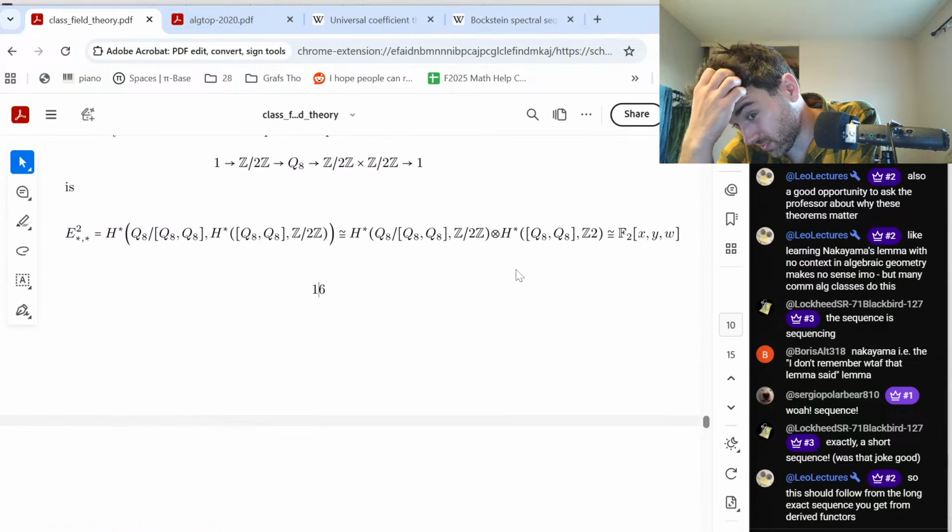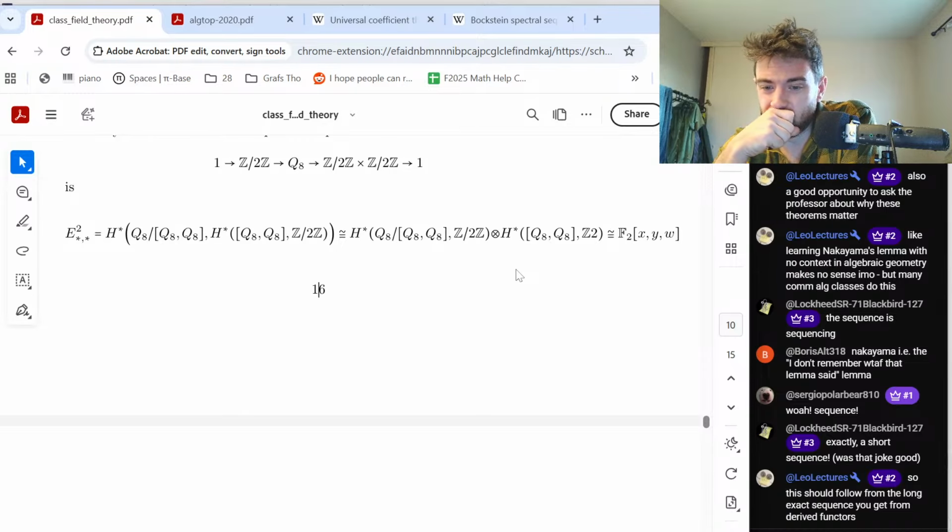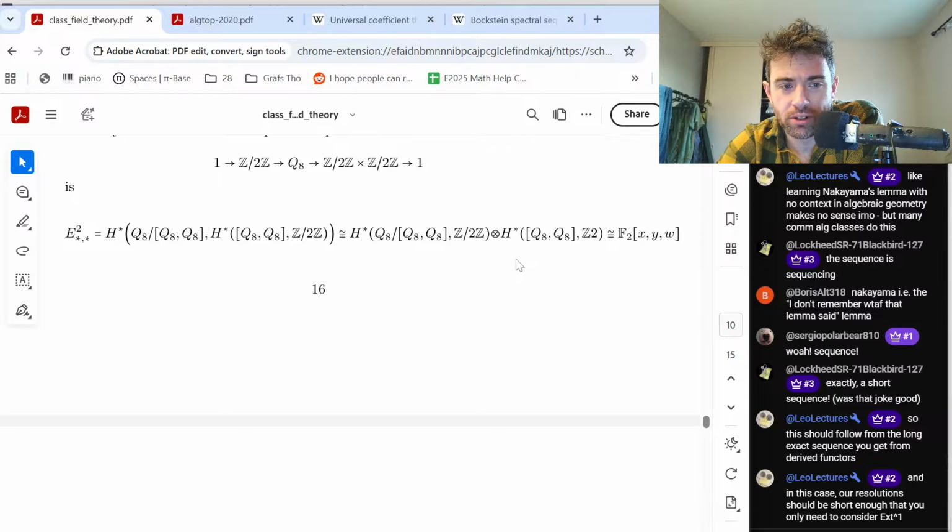I don't know. This should follow from the long exact sequence you get from derived functors? Pardon me? Oh, you're saying I should Ext into this short exact sequence? What are you saying?